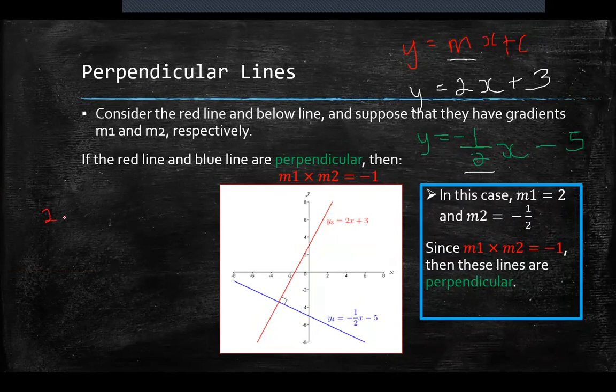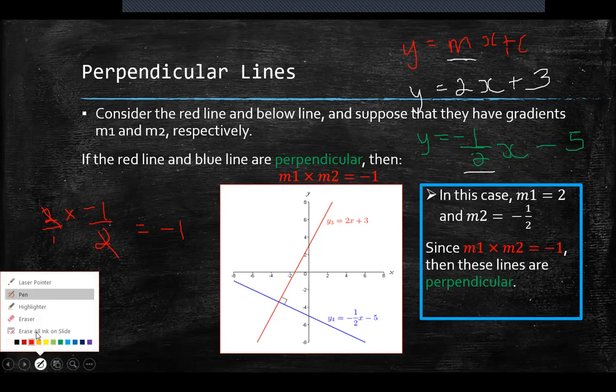M1 is 2 times M2, which is -1/2. If we multiply these two, the 2's would cancel, and my answer would be equal to -1. So since M1 times M2 is -1, these lines are perpendicular. Everybody understands that? Yes, miss.